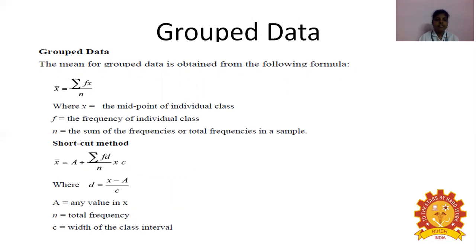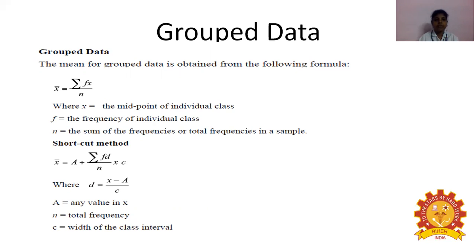Here, x represents the midpoint of the individual class, f denotes the frequency of the individual class, and n represents the sum of the frequencies, or total frequency, in a sample.